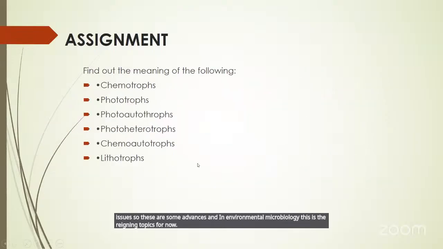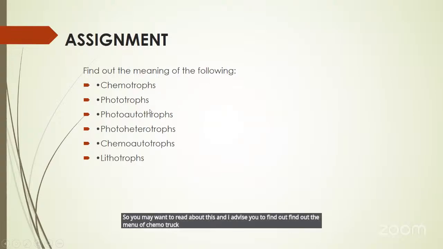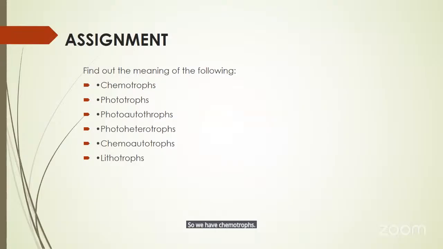So you may want to read about this, and I advise you to find out the meaning of chemotroph, phototrophs, because you need them for the environment. The food or the substrate that microorganisms take in determines whether they will grow or not. So we have chemotrophs, phototrophs, photoautotrophs, photoheterotrophs, chemoautotrophs, lithotrophs, and some others.